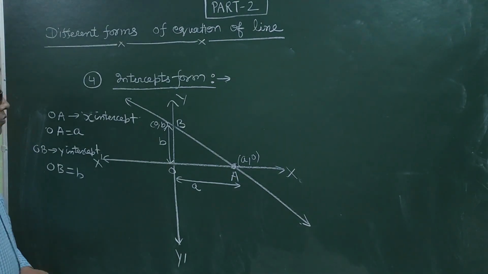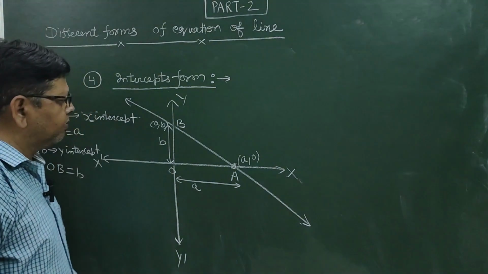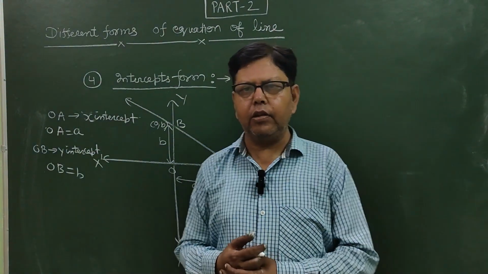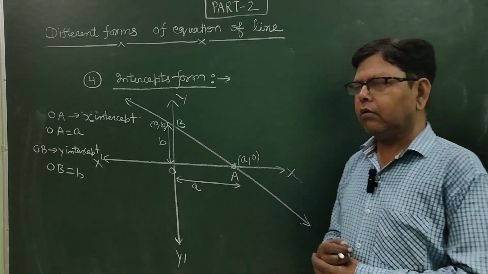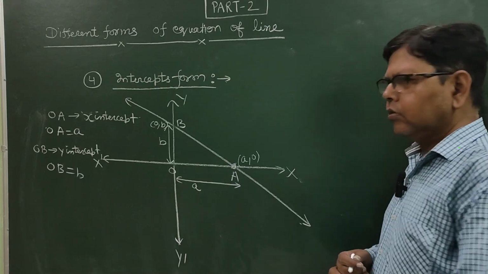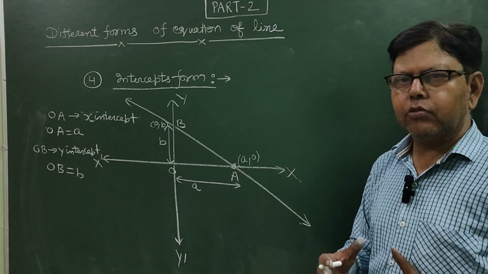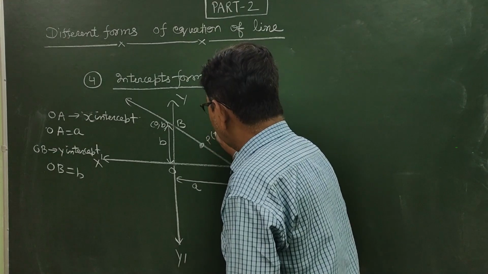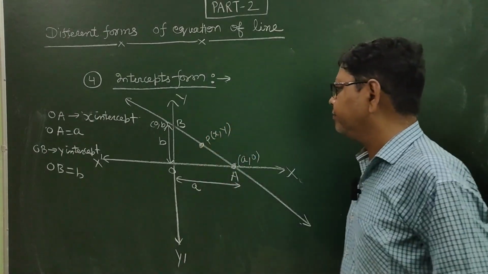Now we can find the equation of this line using the concept of slope. Let there be a point P having the coordinates (x, y).